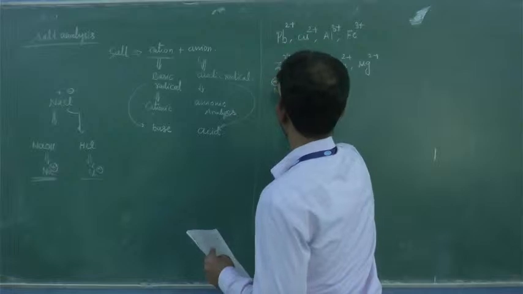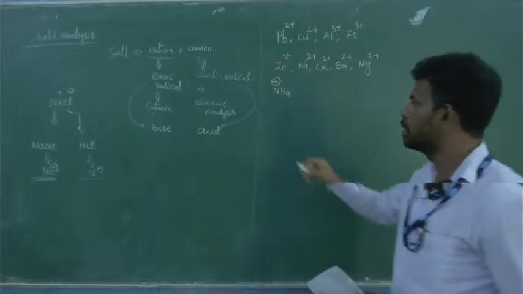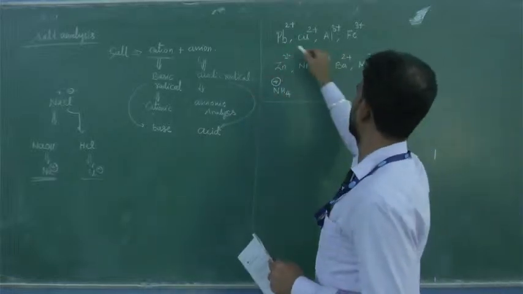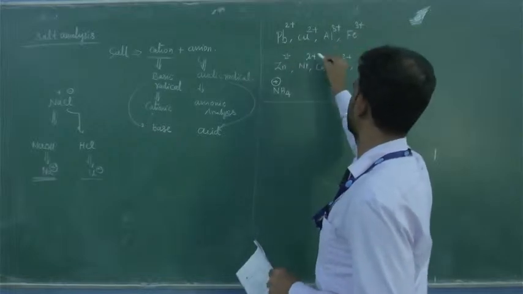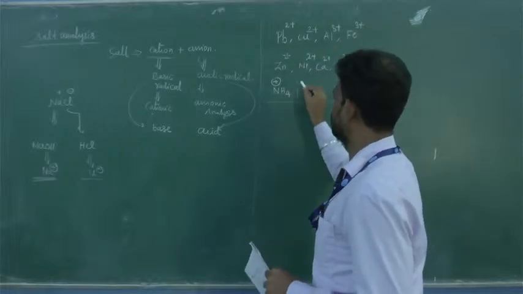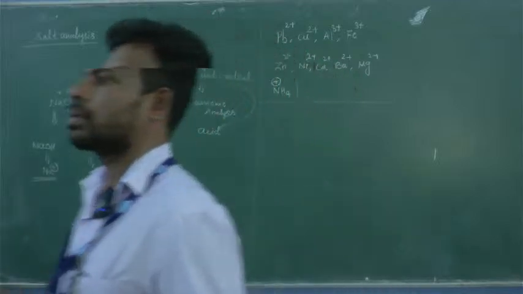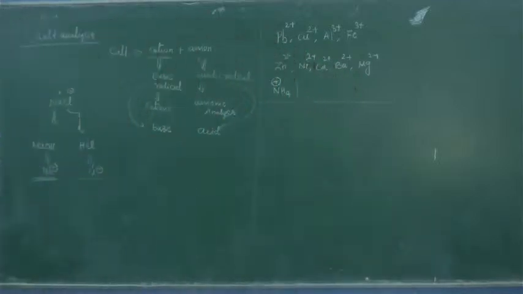So totally how many cations? 1, 2, 3, 4, 5, 6, 7, 8, 9, 10 basic radicals. Only these 10 cationic analyses we are going to study.